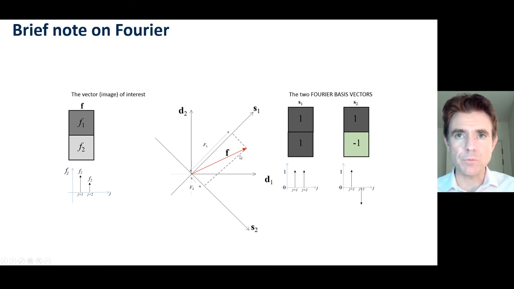Now, our original vector f, we can now see how easy it is to express exactly that same vector in two different bases. So with the delta basis vectors, or the canonical basis, the vector f, we can just project it onto d1 to find the coefficient of d1, or project it onto d2, which is the coefficient of d2. And if we want it in the Fourier basis, then all we do is project it onto basis S1 and we get the amount F1 for that basis vector, or we project it onto the second basis vector and we get the amount F2.